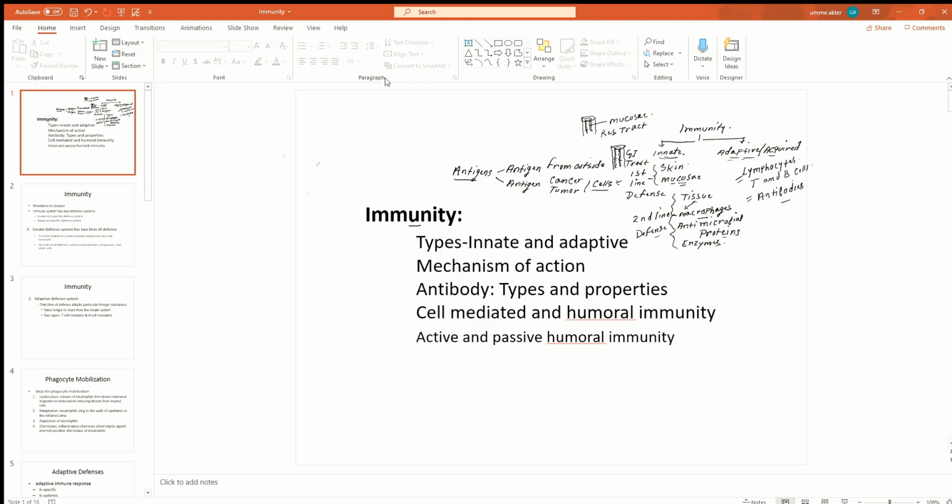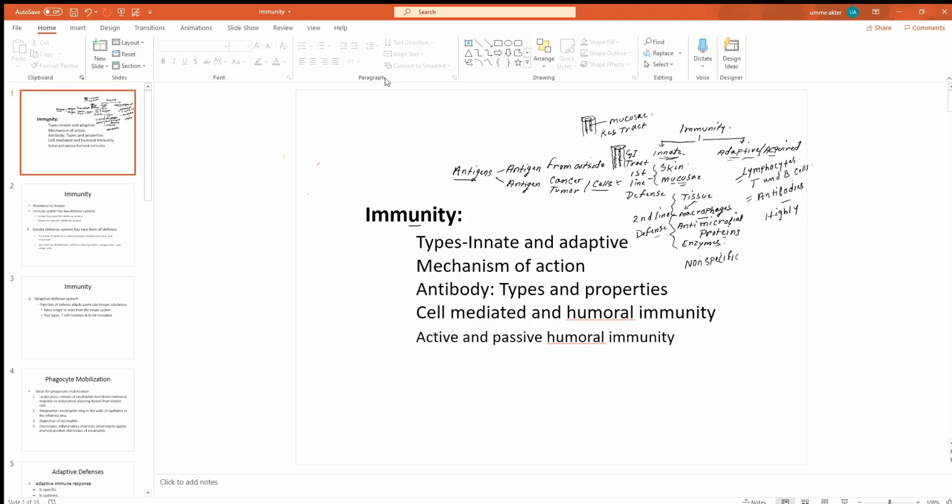And innate, now you already know that innate is non-specific. However, adaptive is highly specific. Why? Because I told you that the immunity will be developed when we get exposed to certain antigens. So highly specifically, your body will produce antibody against that particular antigen.